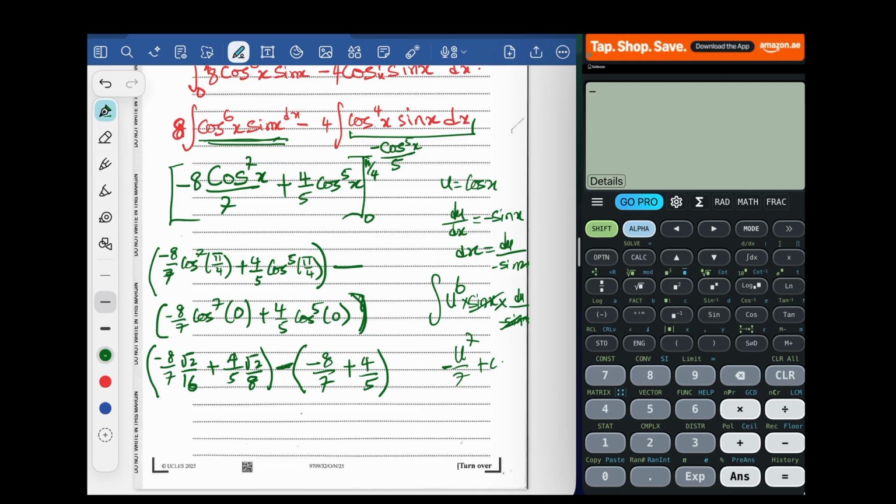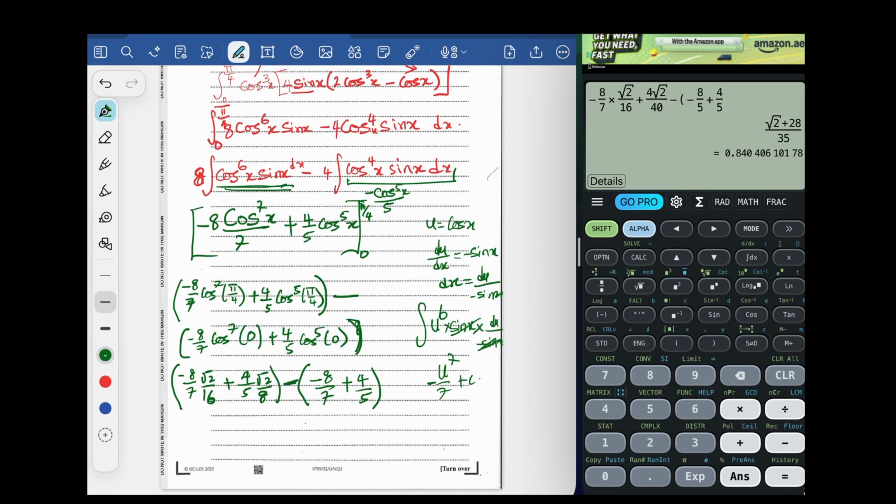So minus 8 by 7 times square root of 2 over 16, plus 4 root 2 divided by 40, then minus 8 by 7 plus 4 by 5.